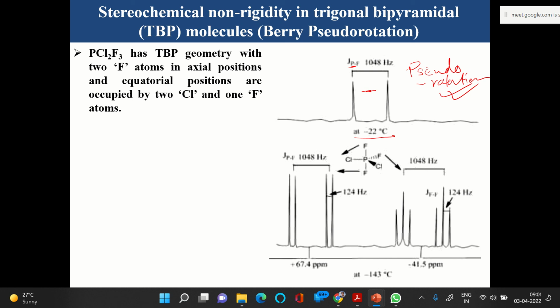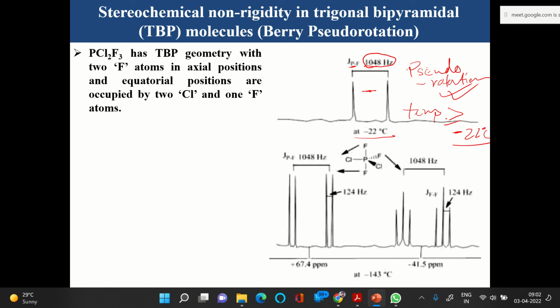So at temperatures greater than or equal to minus 22 degrees Celsius, this is the situation. Even if you conduct it at room temperature, this will be the situation, a doublet. And the separation of the doublet is very huge. So this is J. Look at this coupling constant, which is very high, 1048.